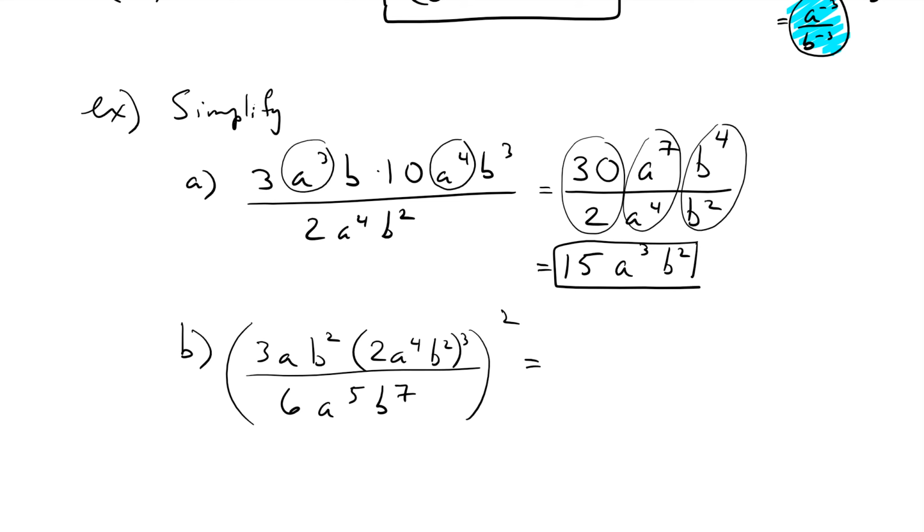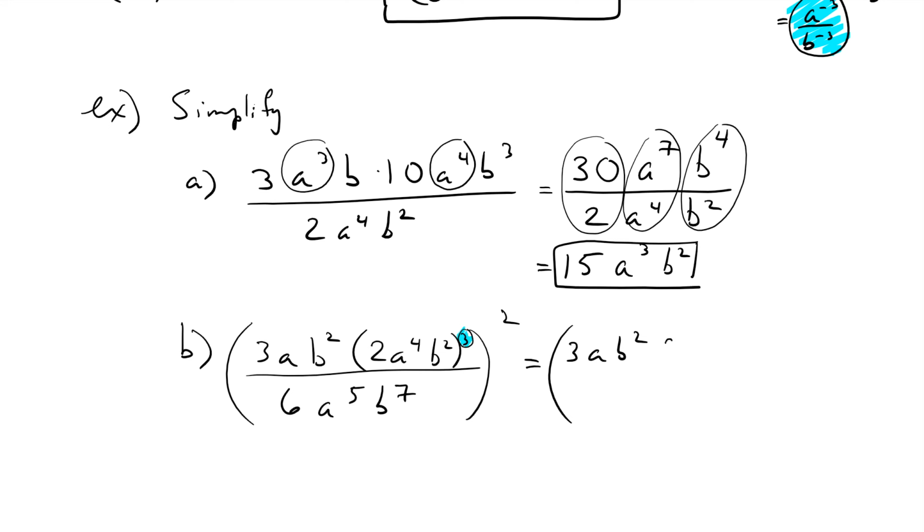Let's try simplifying this. First let's handle the numerator and the denominator inside the larger brackets. So the first thing I'm going to take care of is this set of brackets. You see, everything is raised to the power 3. So I'm going to distribute 3 over each factor I find in the base. So I've got 3ab squared.